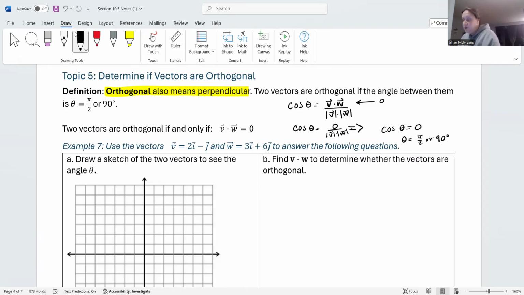So we have two ways to test here. We can find the angle between them and make sure it is 90 degrees, or we can check their dot product. If the dot product is 0, we have perpendicular vectors.